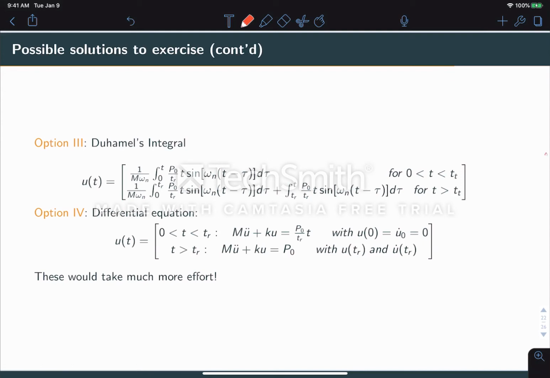But again, these are not recommendable because they take a little too much effort, and the whole point of building these analytical functions for step and ramp loads is that so we can take an approach more like option one or option two.